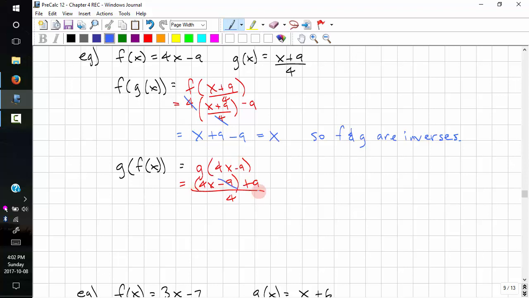We cancel out the negative 9 with the positive 9 because there's nothing in between them. Now we're left with 4x over 4. These cancel out, and we have x. So again, f and g are inverses.